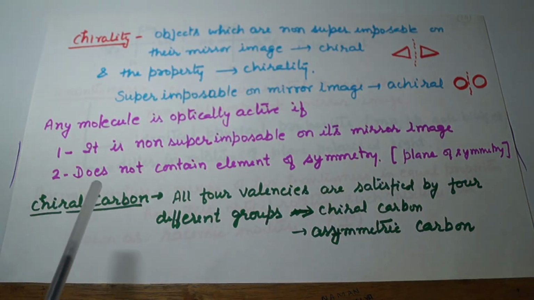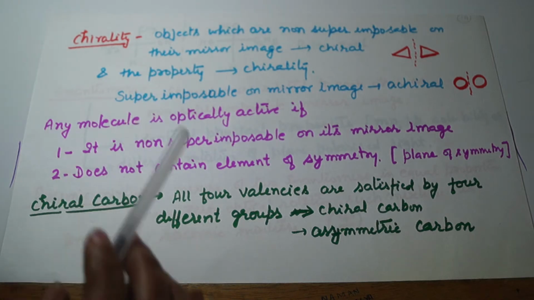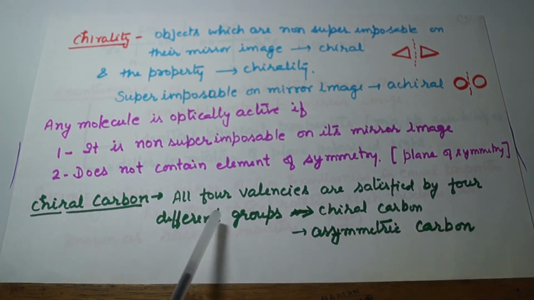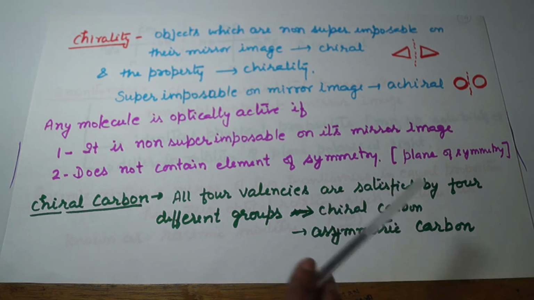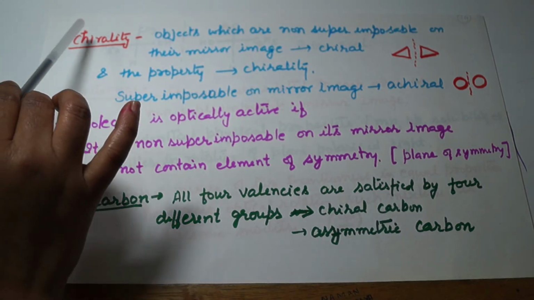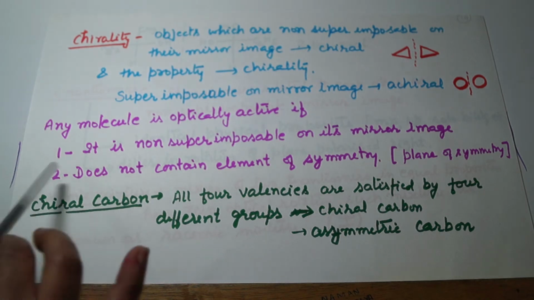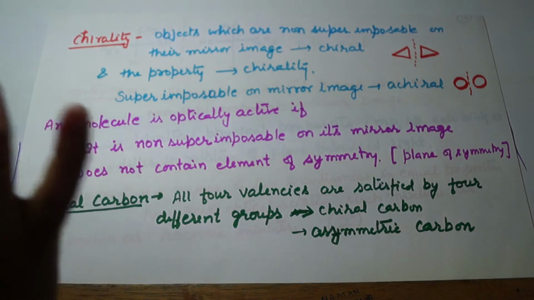In 1874, Le Bel and van't Hoff, two scientists working in different laboratories, found that the carbon atom is tetrahedral in nature, and that if all four valencies of carbon are satisfied by four different groups, it is known as an asymmetric carbon or chiral carbon. Please do not confuse chirality with chiral carbon. Chiral carbon is a different thing and chirality is a different thing.